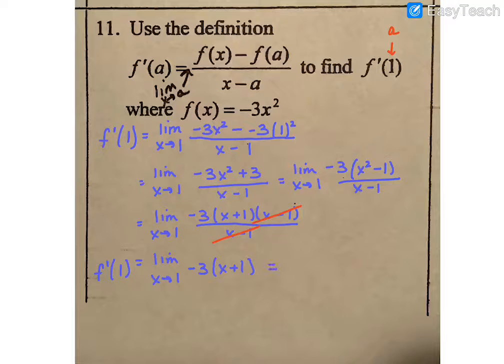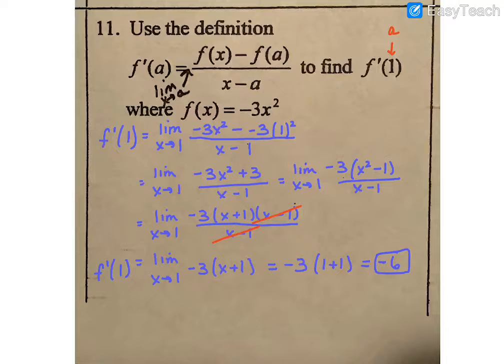So as x approaches 1, that means I'm going to plug in 1 for x. So negative 3 times 1 plus 1, which becomes negative 3 times 2, which is negative 6. So we found f prime of 1 to be negative 6.